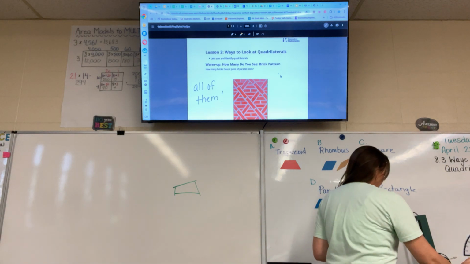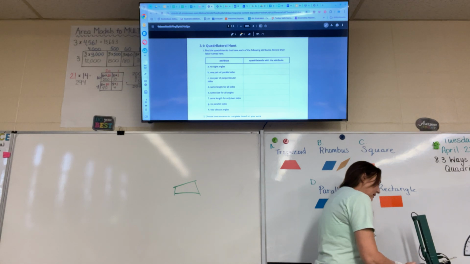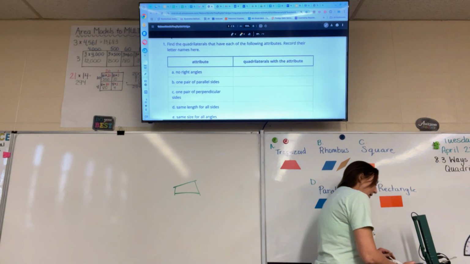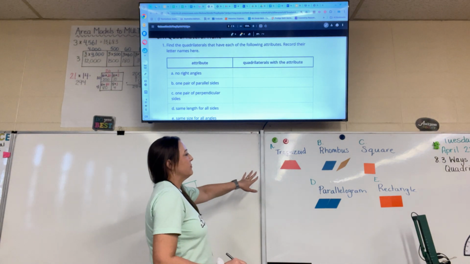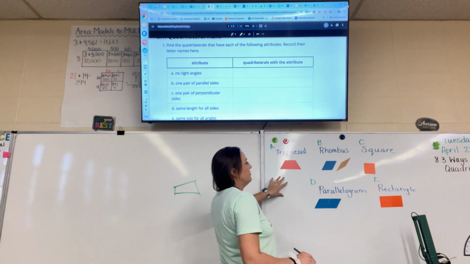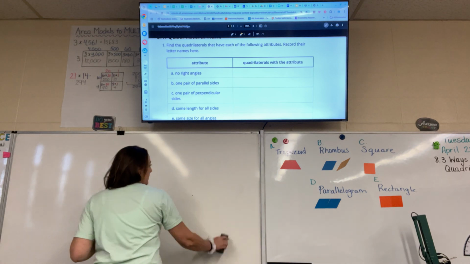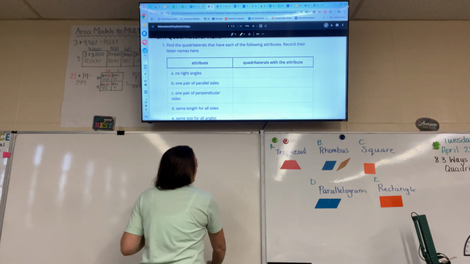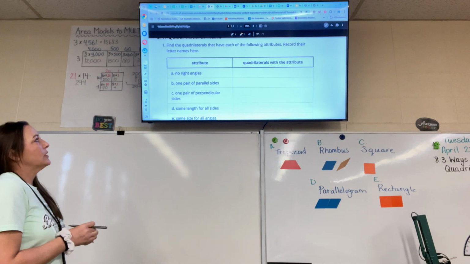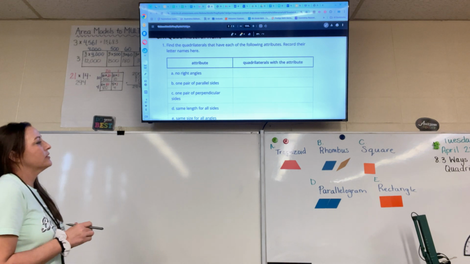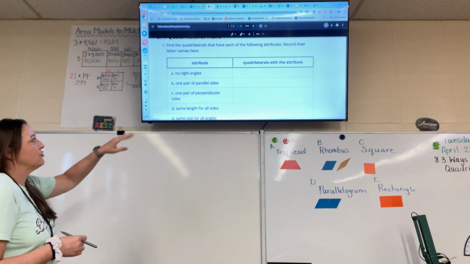All right, here we go, quadrilateral hunt. What we're going to do is I have put some figures, some quadrilaterals, up here on the board, and I'm going to call on you, and you're going to tell me which of these figures matches the attribute.